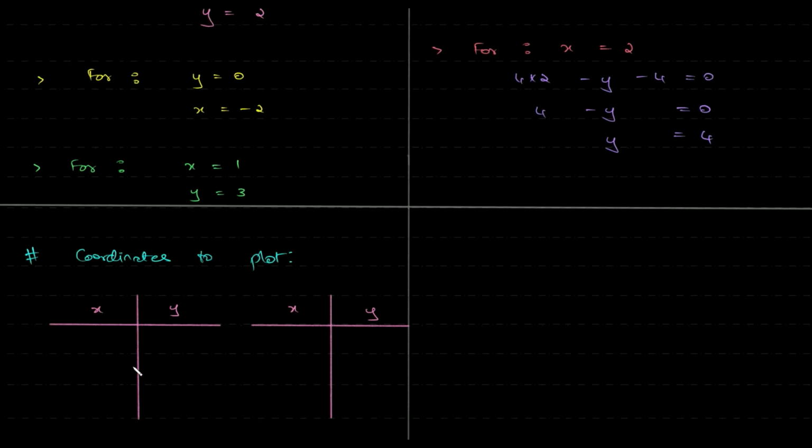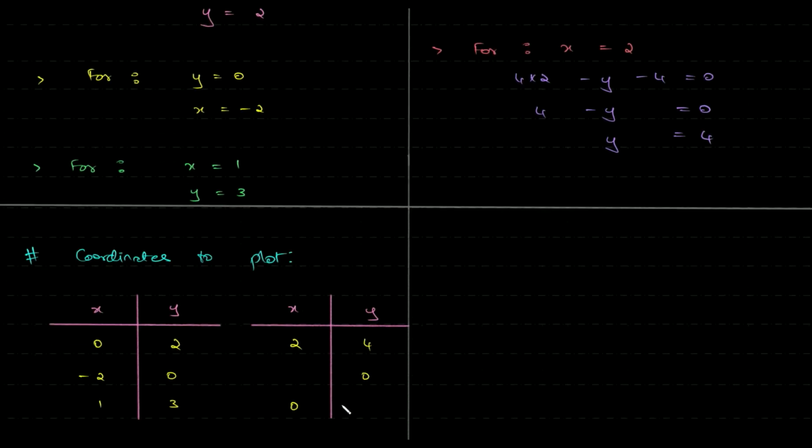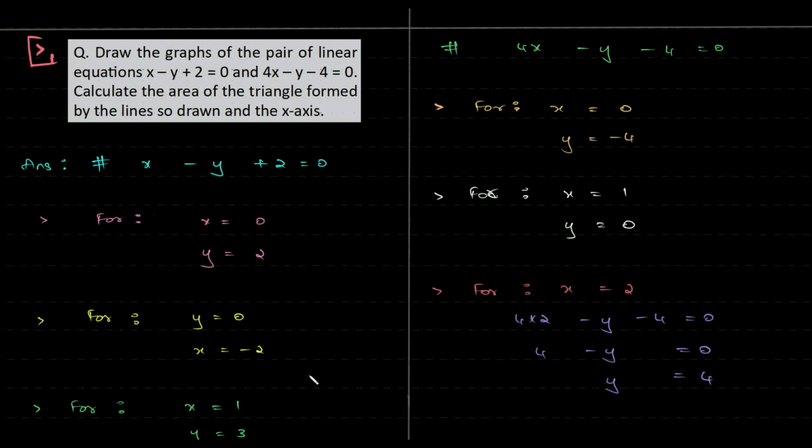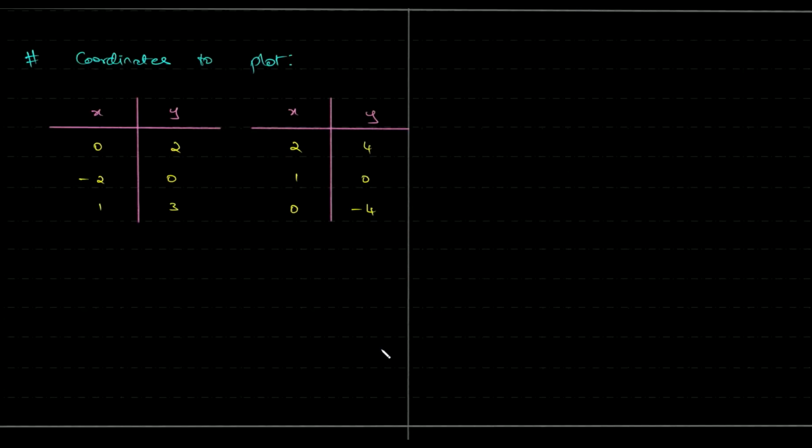So we have 0 and 2, 0 and minus 2, and 1 and 3. For equation 2, we have 2 and 4, and 0 and 0 over here. So when y is 0, x is 1. When x is 0, y is minus 4. Okay, makes sense.